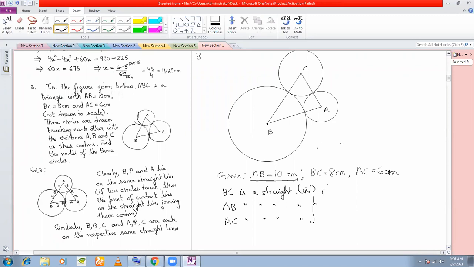Because if two circles touch each other, then their centers and the point of contact lie on the same straight line.